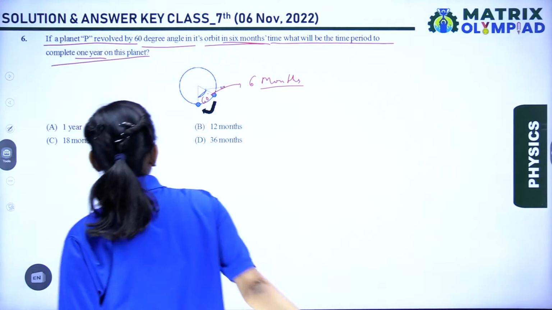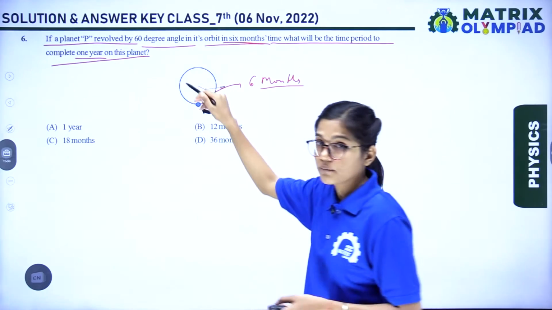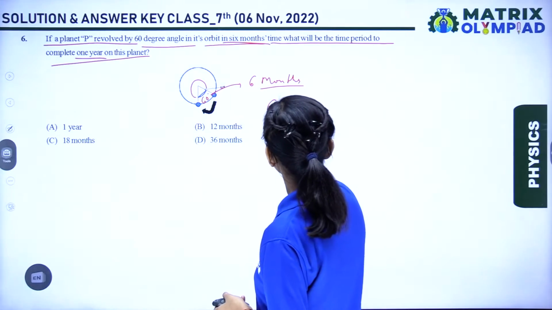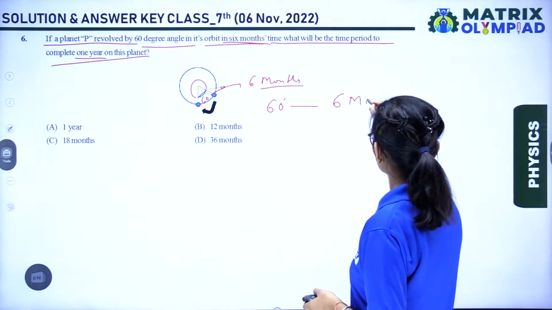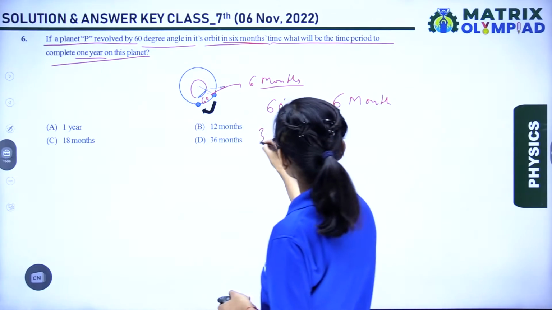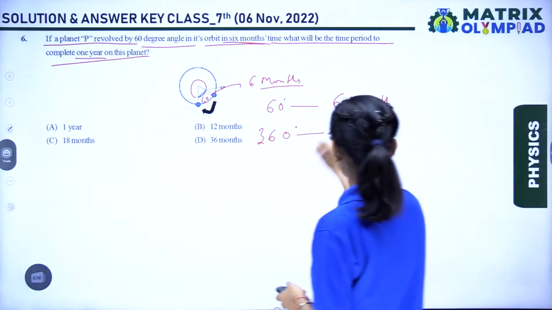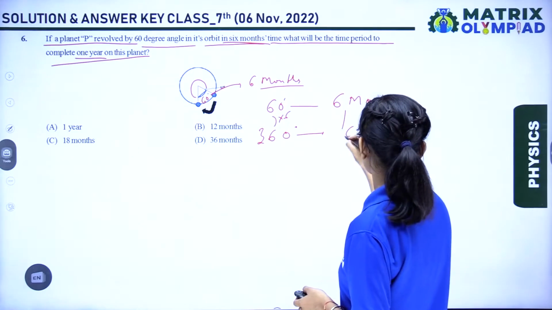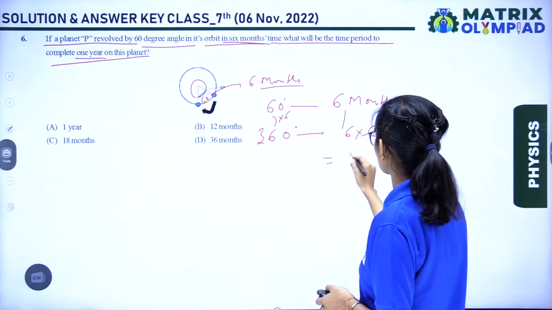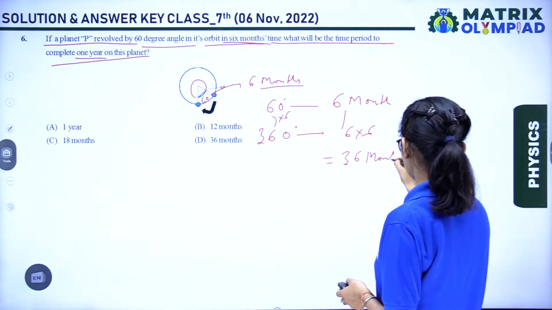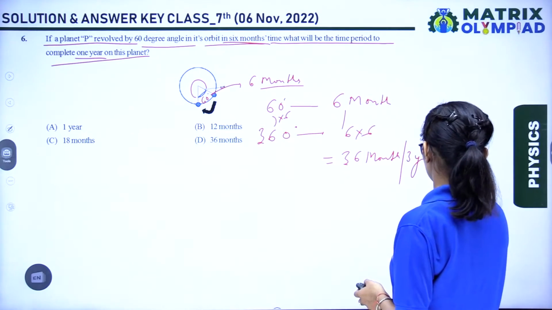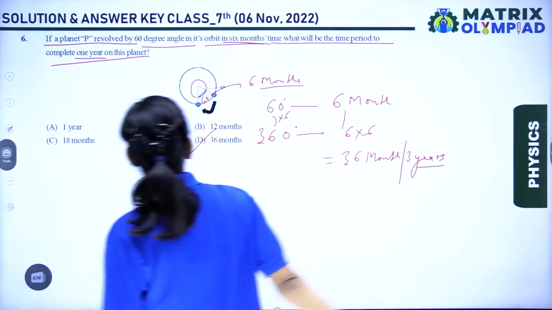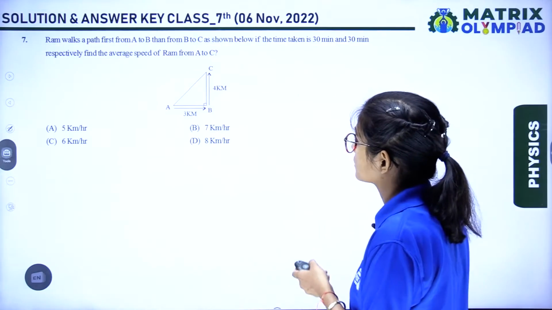Here it means that the planet has to complete its 360 degrees, and if 60 degrees is completed in 6 months, then for 360, we multiply by 6, so 6 into 6, that will be 36 months, or I can say that is 3 years. So which option is correct? That is option D.